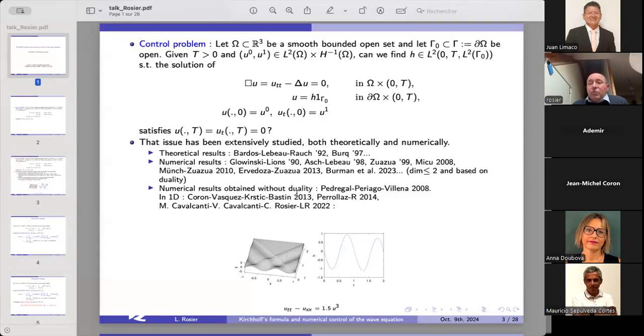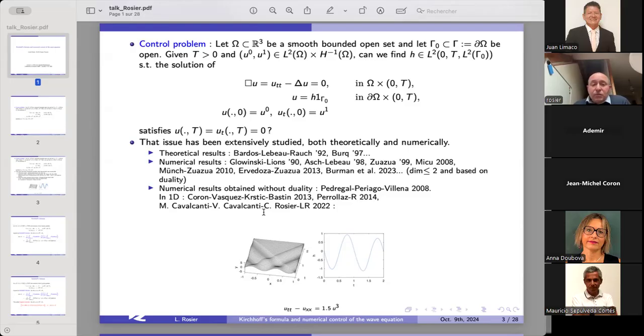Of course, when you have finite time stabilization, you have as well exact controllability, null controllability. It was done by Coron, Vazquez, Krstic, Bastin, and they also use a backstepping approach to balance the existence of coupling terms. And we use it as well with Perrollaz in 2014.